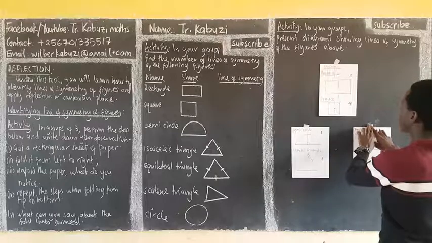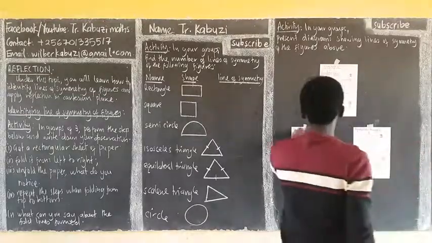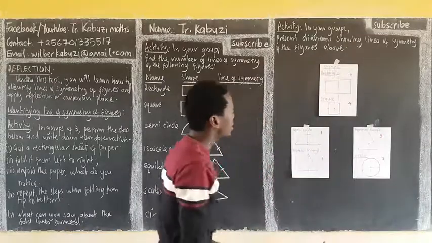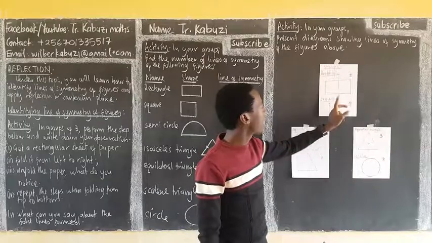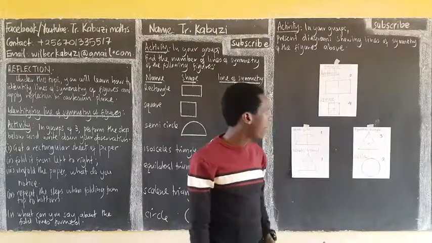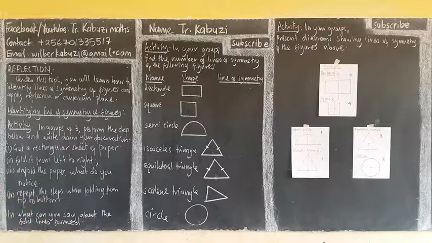Are we all able to see here? So this one they are having the same circle, isosceles triangle, equilateral triangle, circle, rectangle, square. They have 6 shapes, but we have 7. Where is the other one?